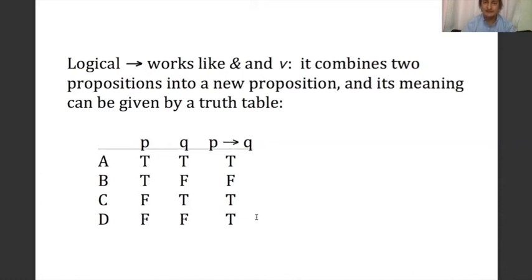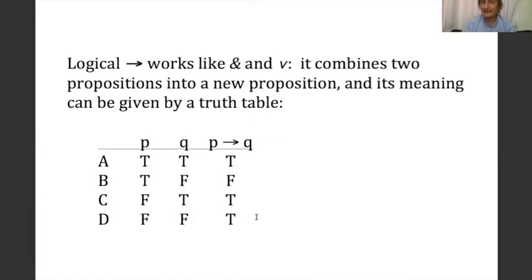So here, if P is true and Q is true, P arrow Q is true. If P is true and Q is false, P arrow Q is false. If P is false and Q is true, P arrow Q is true. And if both P and Q are false, P arrow Q is true.